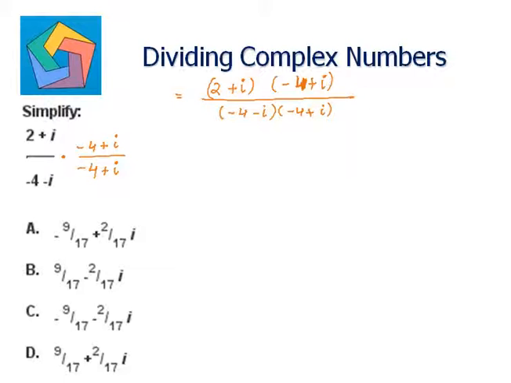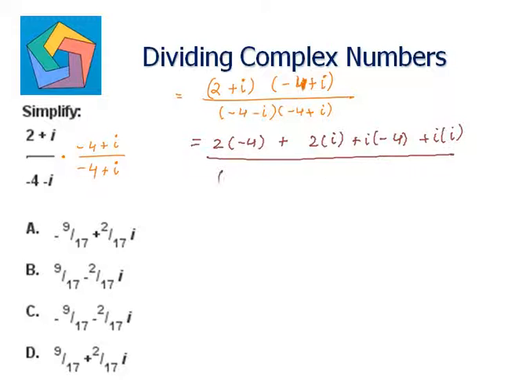FOIL the numerator: 2 times -4 plus 2 times i plus i times -4 plus i times i, over (-4) squared minus i squared.